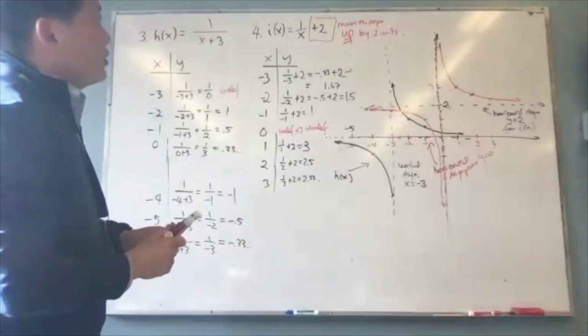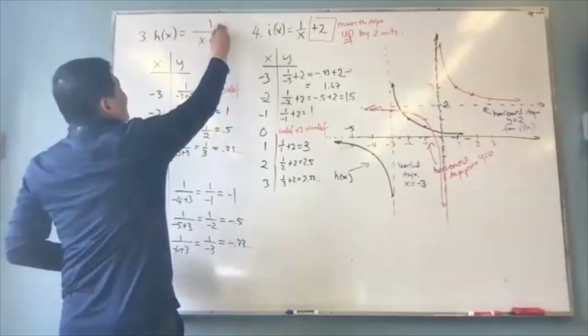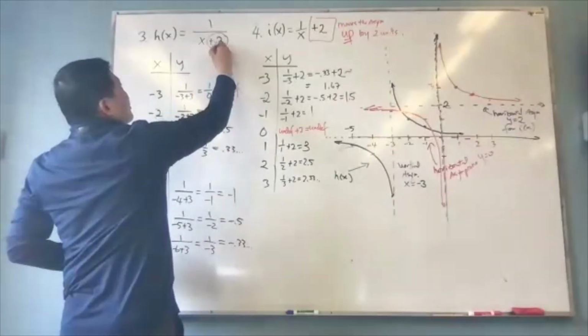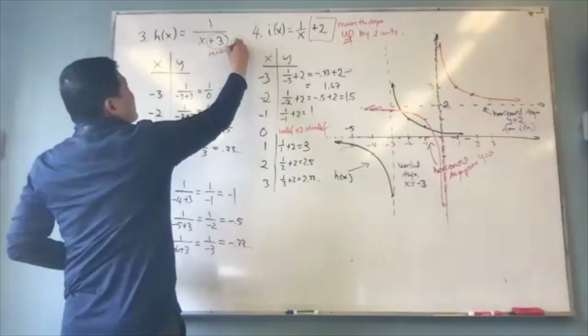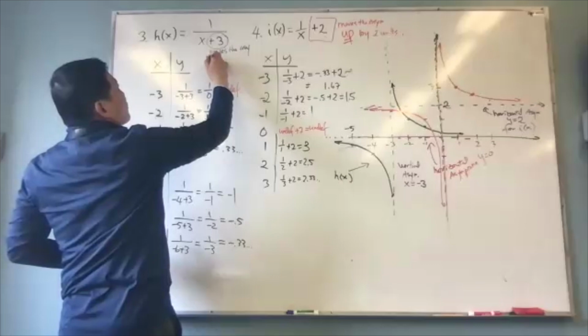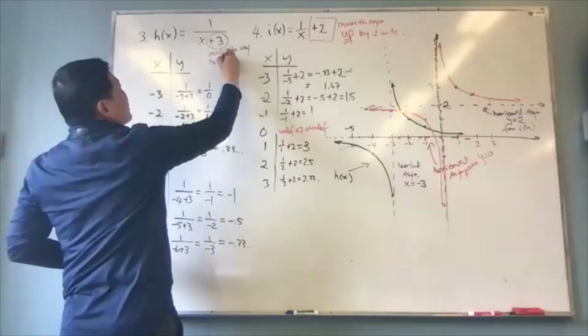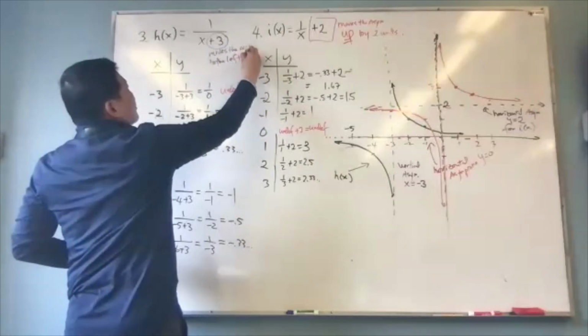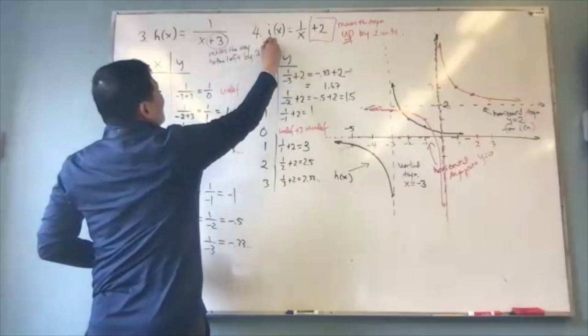Right? Versus this plus 3 moves the asymptote to the left by 3 units.